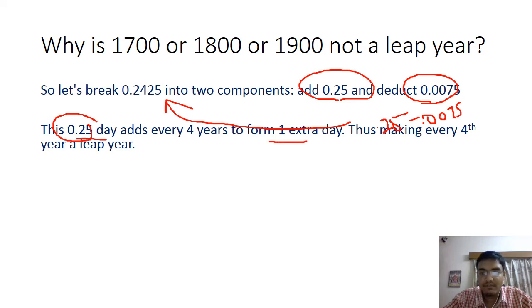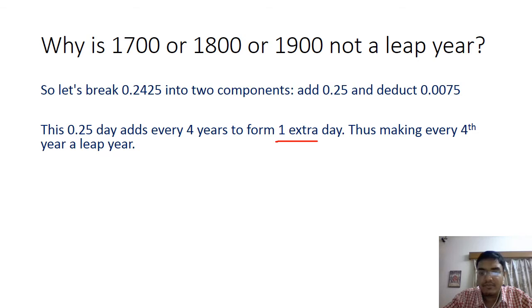So in 4 years it will form one extra day, right? And when it forms one extra day, we can say that every 4th year there is one extra day in the year. So for 3 years we get 365, and each year we have 0.25, 0.25 and 0.25. So 0.75 and 0.25 of the 4th year. So every 4 years we have one extra day. That extra day forms the leap year.